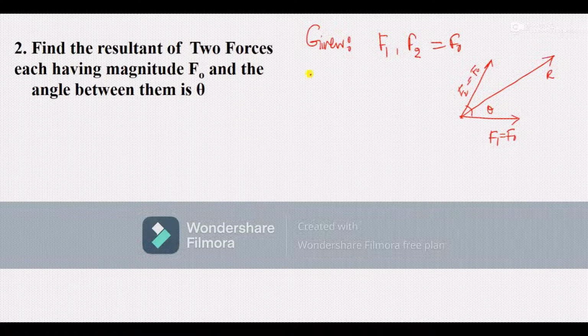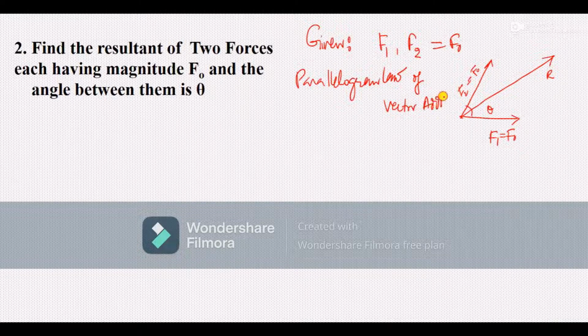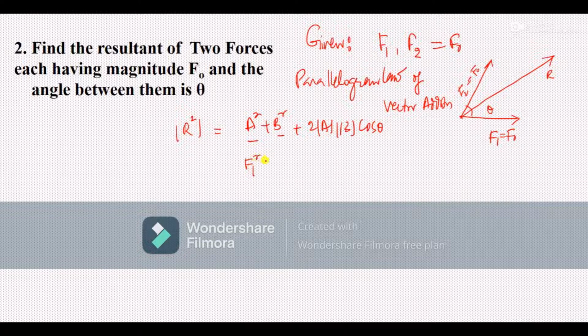So we know as per the parallelogram law of vector addition, R squared is equal to A squared plus B squared plus 2AB cos theta, where A and B are vectors. So here A and B are F1 squared plus F2 squared plus 2 F1 F2 cos theta.